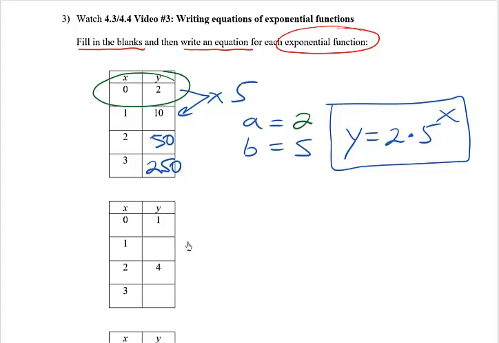Okay, let's try it again on the second example. Same thing, exponential function, fill in the blanks. This one's a little trickier, isn't it? The x's are going up by 1, so I should be able to figure out this multiplier. It's just trickier because I've skipped a line. I can see that to go from 1 all the way to 4, I would have to go times 4. I need to figure out how to do times 4 in 2 steps.